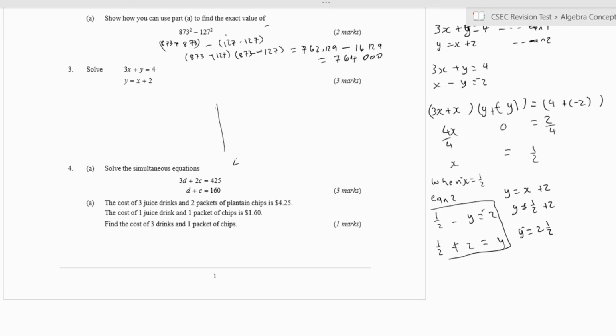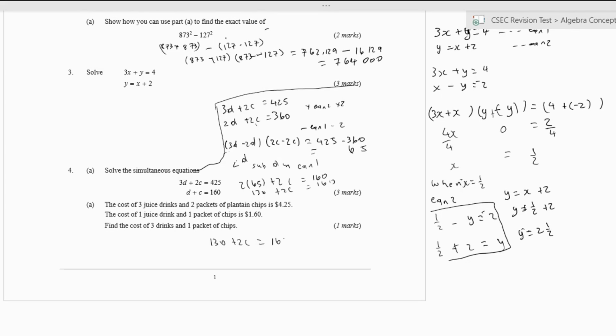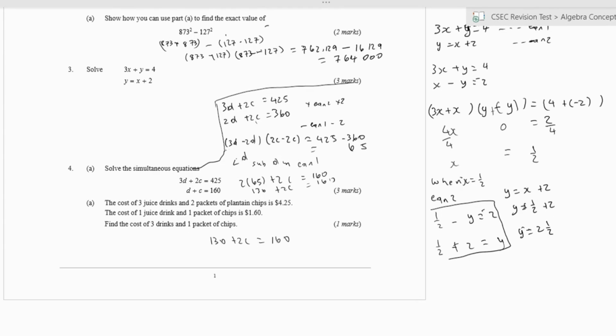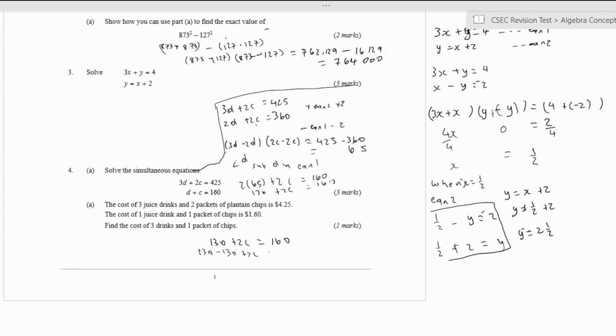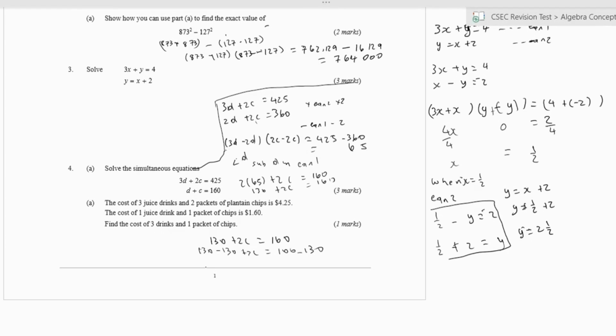Let's just write it right here. What we can do is subtract 130 on both sides. We'll have 2C equal to 160 minus 130, which is equal to 30.